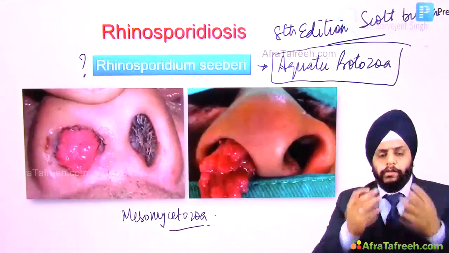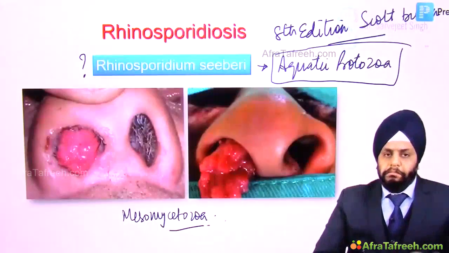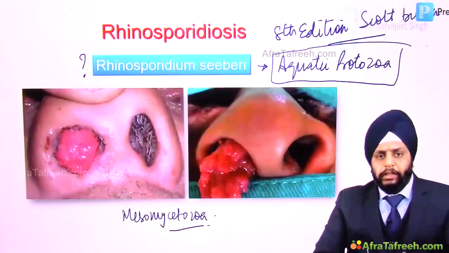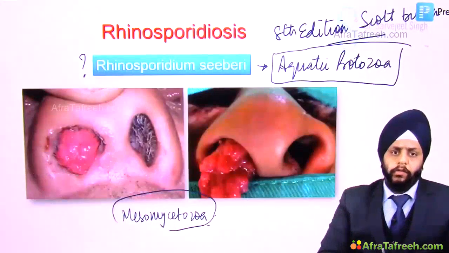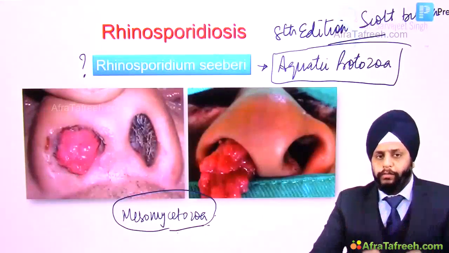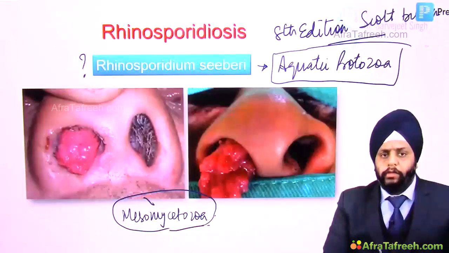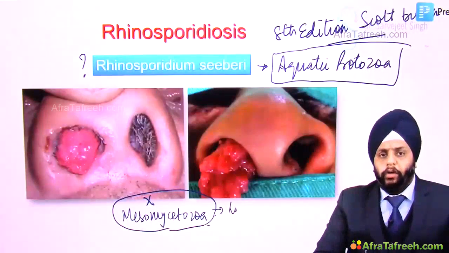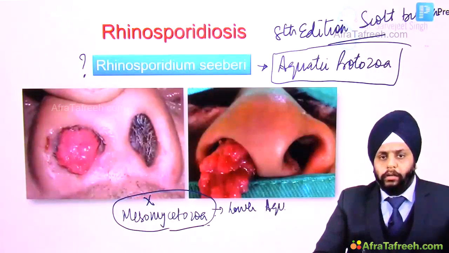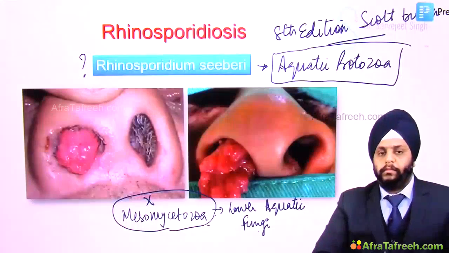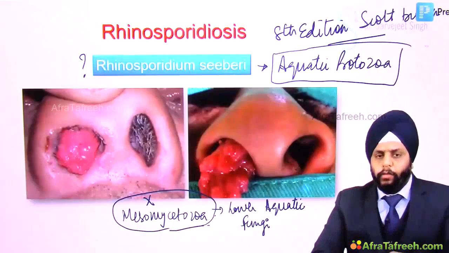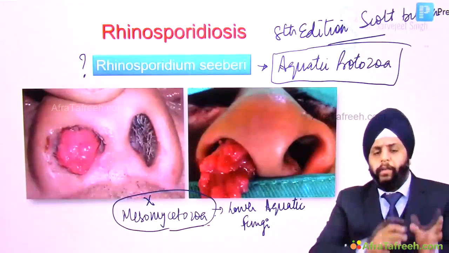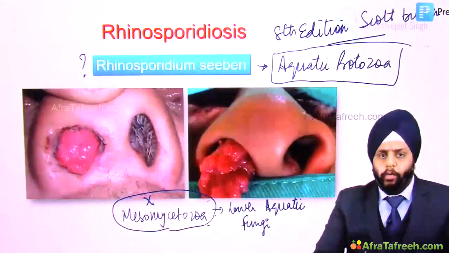Now later on it was discovered that on genetic studies, the DNA of this organism is almost, I'm saying the word almost, almost similar to a lower aquatic fungi. Okay, right? It is almost similar to lower aquatic fungi. So some studies tried to place it back into fungi, that too a lower aquatic fungi.